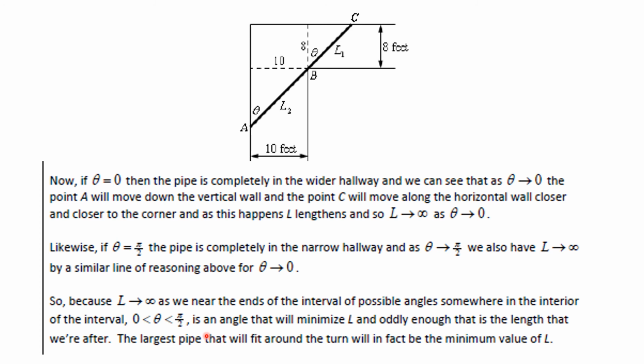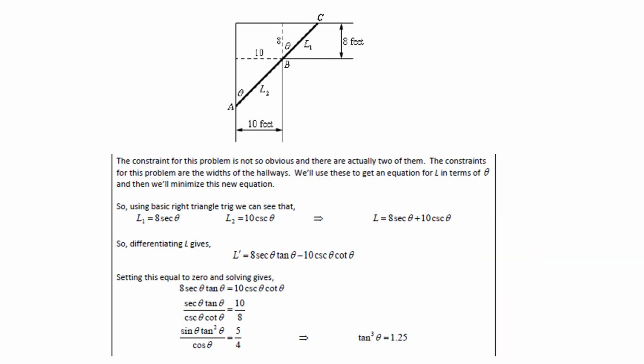Somewhere inside the interval, we're looking for the theta that will minimize L, subject to these constraints. And oddly enough, that's the value we're after. We're minimizing the length L, but that will be the longest pipe that will go around the corner. The largest pipe that will fit around the turn is in fact the minimum value of L. You want to think about that for a bit.